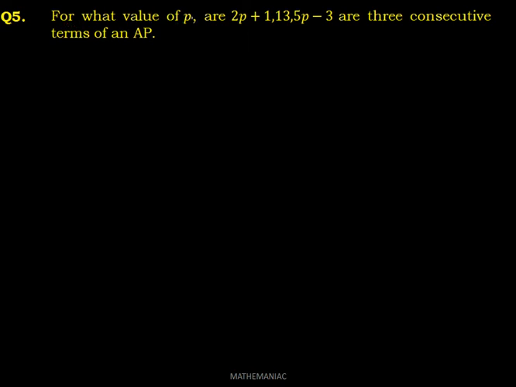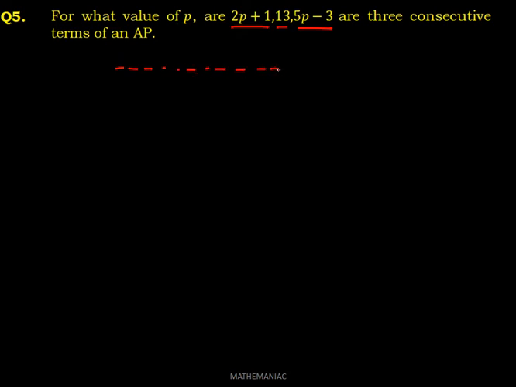For what value of P are 2P plus 1, 13 and 5P minus 3 three consecutive terms of an AP? Remember, 3 consecutive terms of an AP means, suppose this is the AP: first term, second, third, fourth, fifth, sixth, 7, 8, 9, 10.